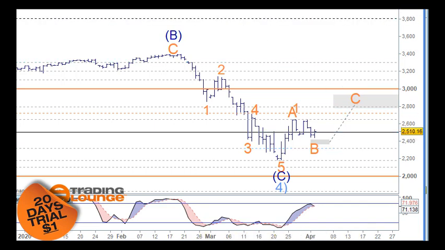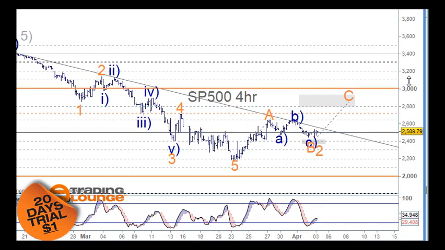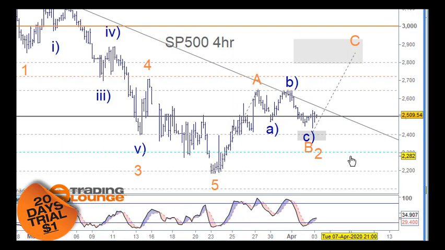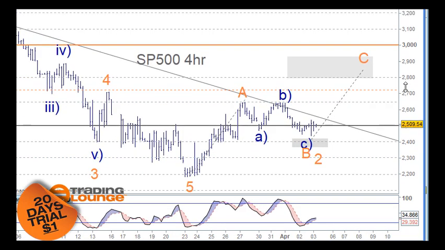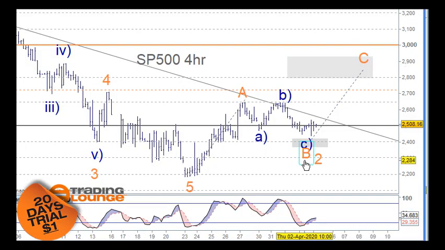So moving in a little bit closer with this section here. Looking at the whole pattern like this, here is the A wave, the A, the B, and the C wave, as we've been talking about, either for wave B or wave 2, and then looking for wave C to move to the upside.